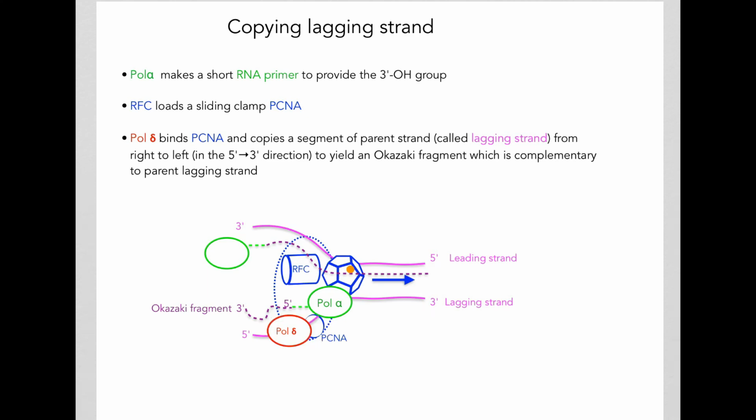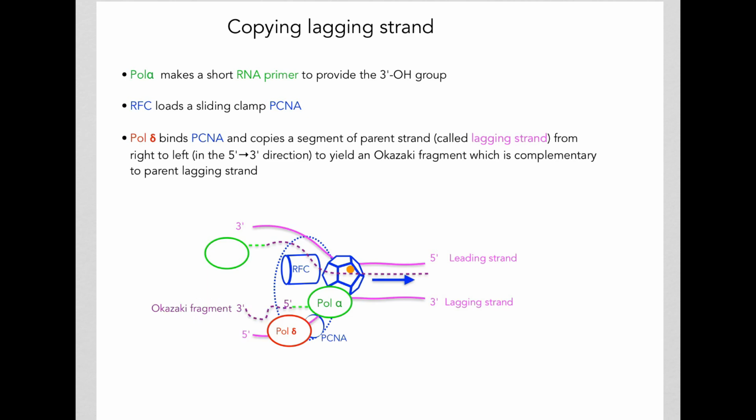So Pol delta will now extend using the 3' OH of the RNA primer. It will start copying the lagging strand and will make new DNA as an Okazaki fragment.